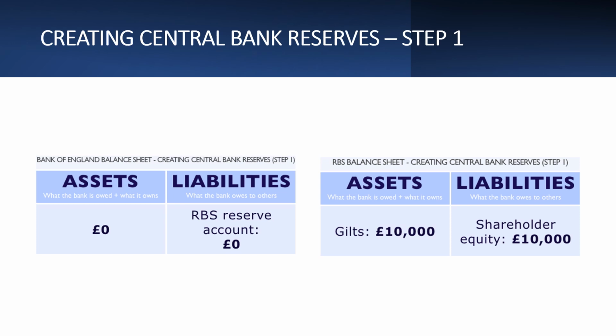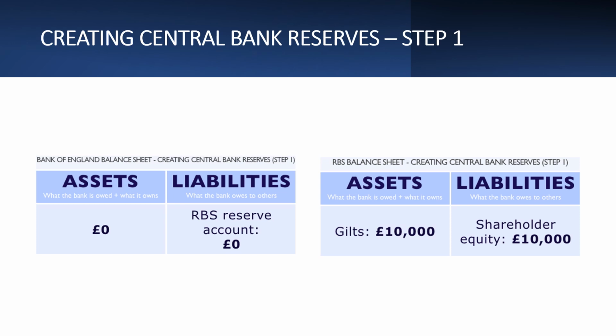So let's assume the shareholders of the Royal Bank of Scotland establish a new bank, the Royal Bank of Scotland, and they put up £10,000 of their own money as equity capital of the bank, and then they use this money to buy the government bonds, which are the gilts.